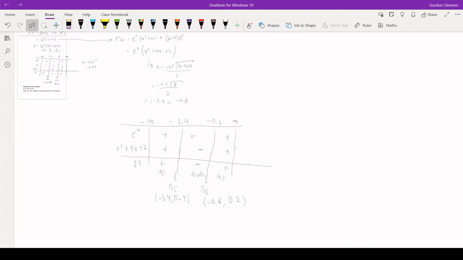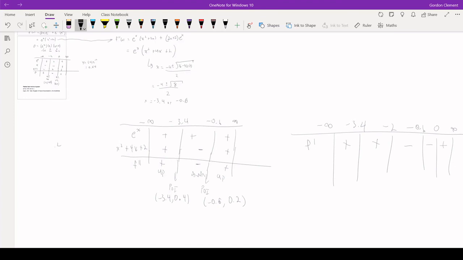So if I look at my two tables, I can barely see that first derivative one up there. My numbers are -3.4, -2, -0.6, and 0. Let me do this where I have more room. Our first derivative starts out positive. It's positive all the way up to the -2. It's negative between -2 and 0, and then it's positive again after 0.